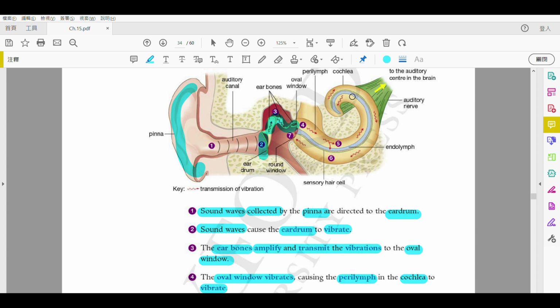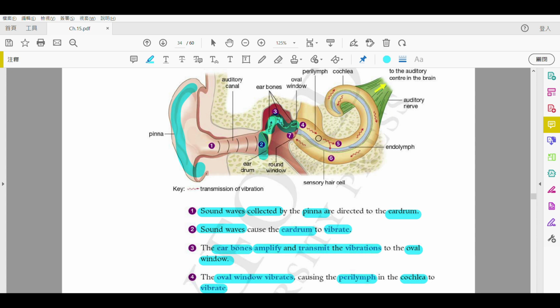Perilymph will pass the vibration to the endolymph. Endolymph will stimulate the sensory hair cells inside. Then it will go through the auditory nerve to the auditory center of the brain. That's the end, and that creates a sensation of hearing.